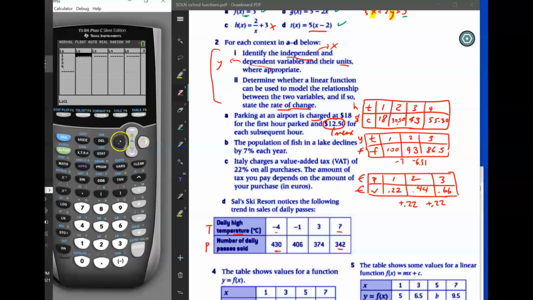So for L1 and L2, I'm going to put in the capital T and P values. So L1, I'm going to put -4, -1, 3, and 7. Oops, whoa, what did I do? Stat, edit.